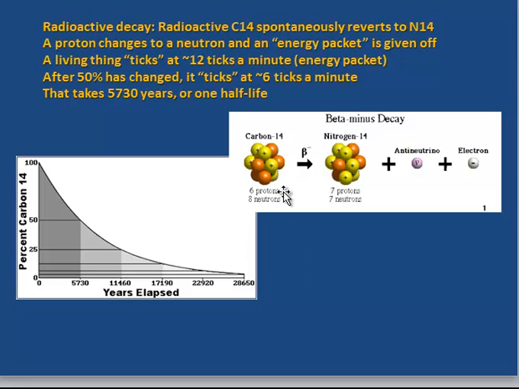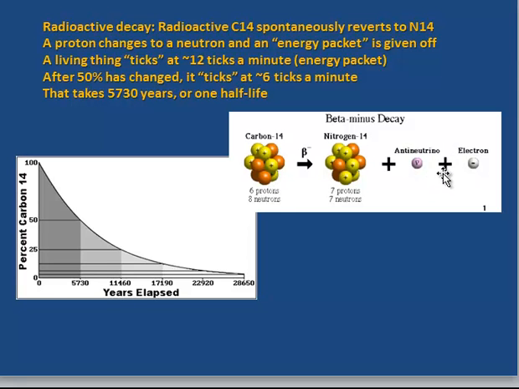What happens is described in this chart here. Here's carbon-14, 6 protons, 8 neutrons, and that will change back to nitrogen-14, 7 protons and 7 neutrons, and give off an antineutrino and an electron. So that's what's measurable in this process. That's the decay process.